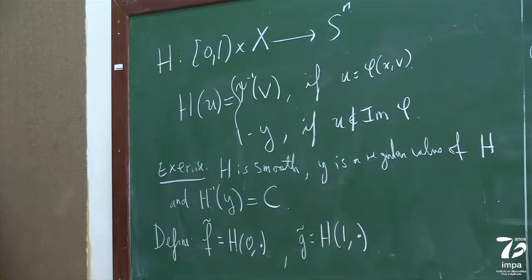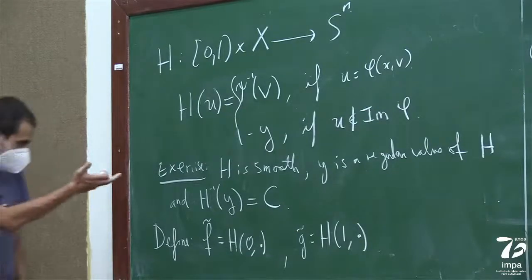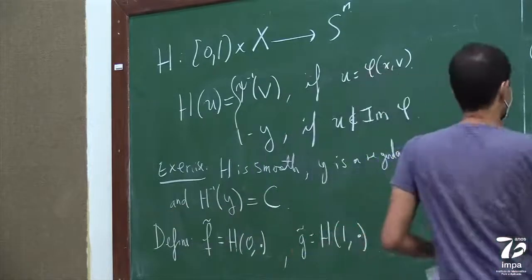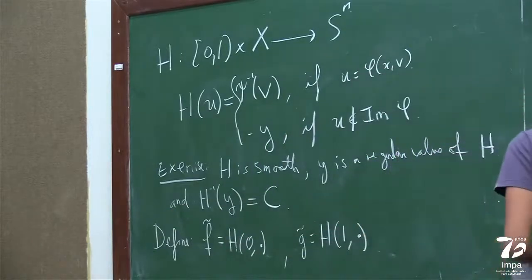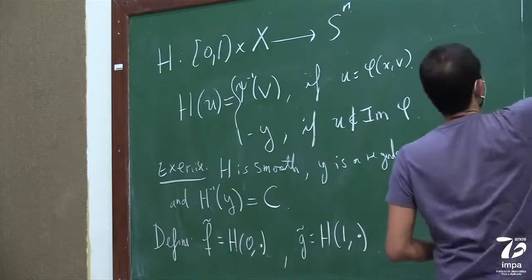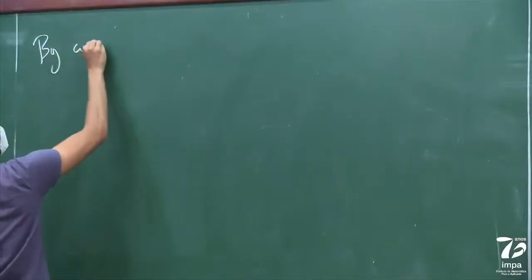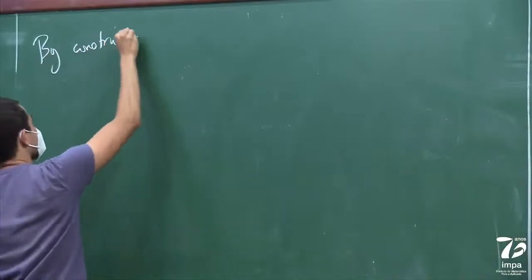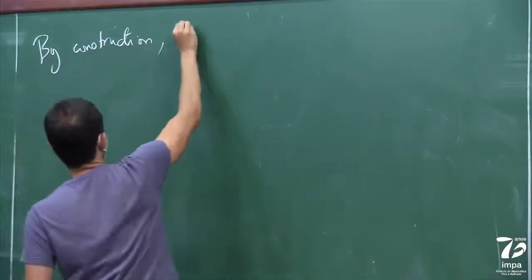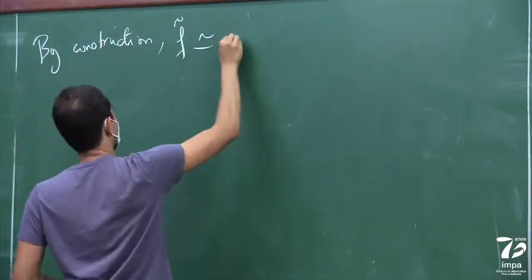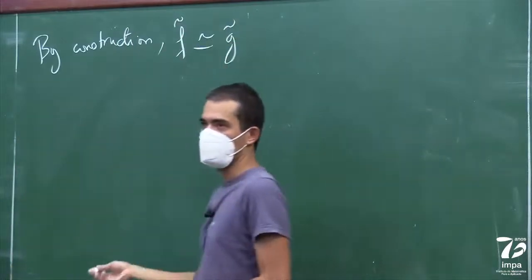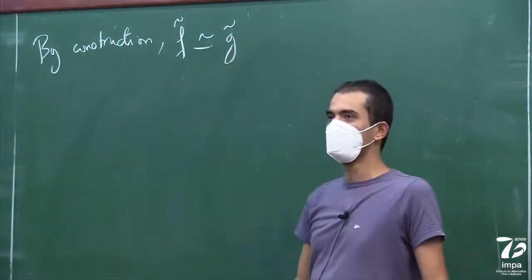Okay? And then by construction, F tilde is homotopic to G tilde. I constructed a homotopy even before I constructed what it's a homotopy between.